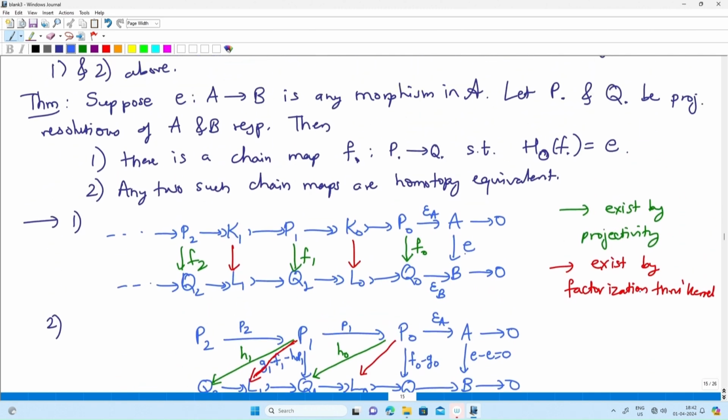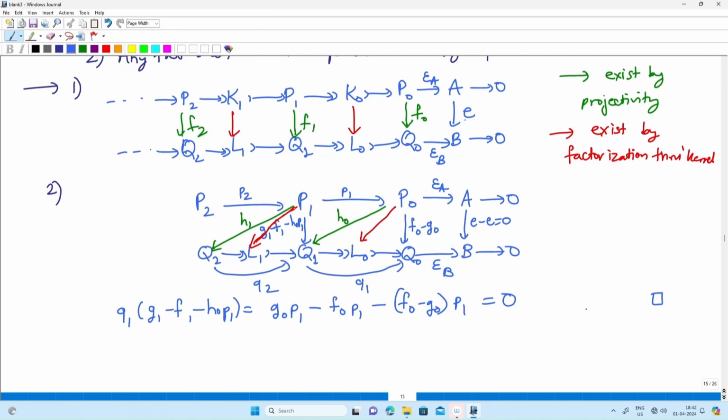Now, as a consequence, we can show that any two projective resolutions are also homotopy equivalent. So what did we show?